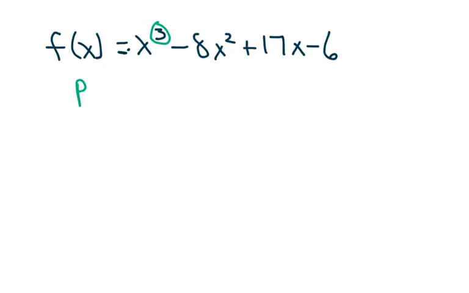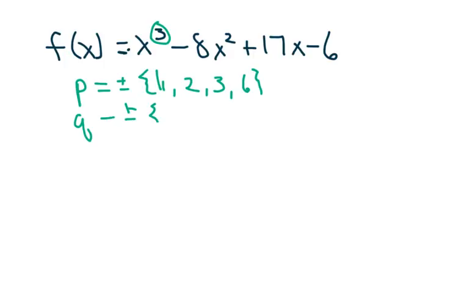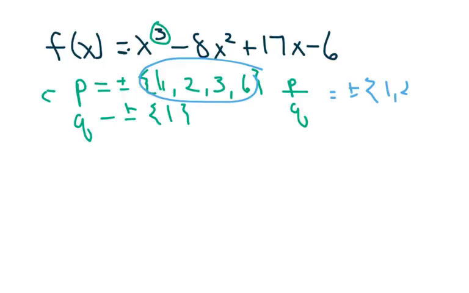Our p is going to be plus or minus 1, 2, 3, and 6. And our q is plus or minus 1. So basically our p over q is just our p. You just divide all of these by 1. So that's just going to get plus or minus 1, 2, 3, and 6.